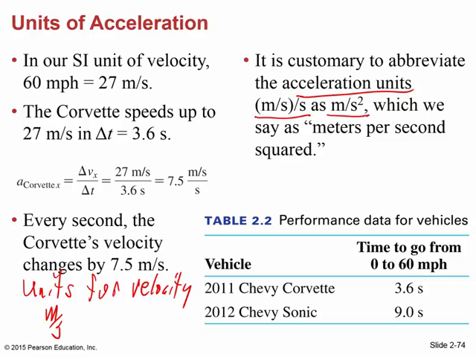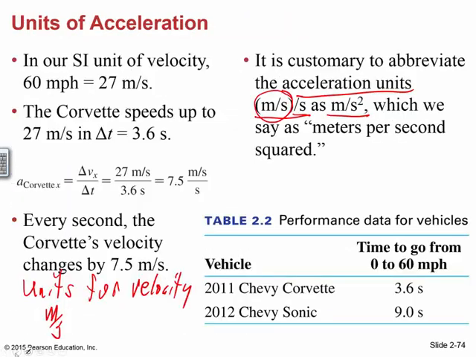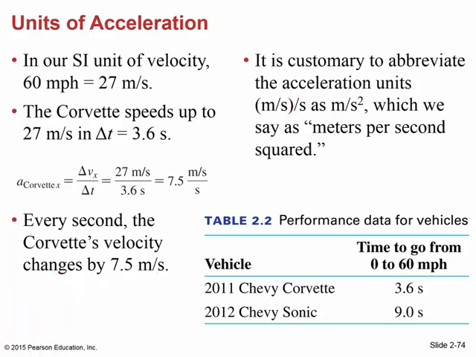Notice that it is a unit of velocity divided by a time interval. So you can write it either way, but it's more commonly written as meters per second squared.